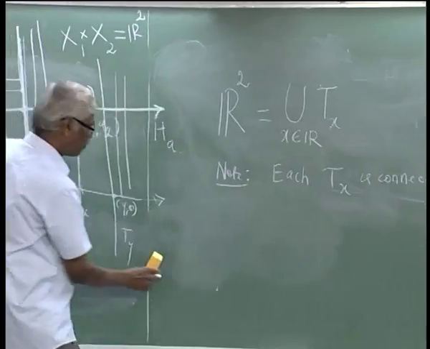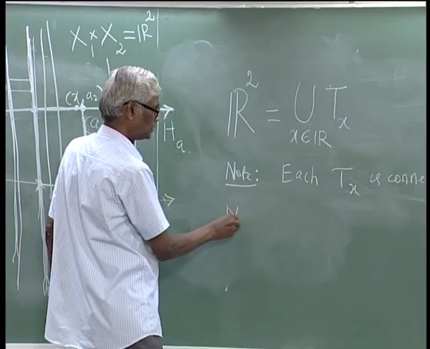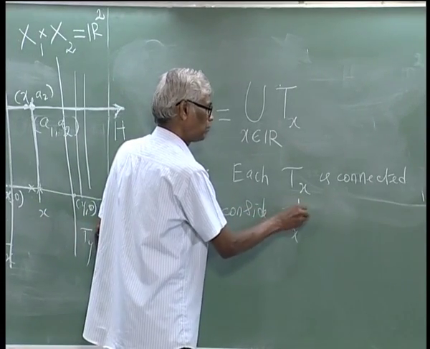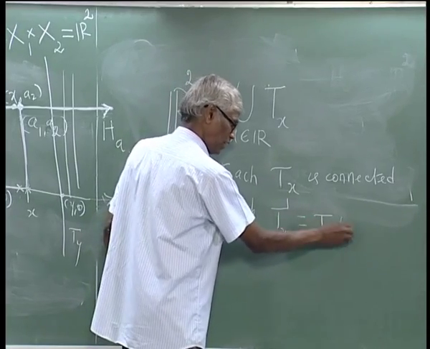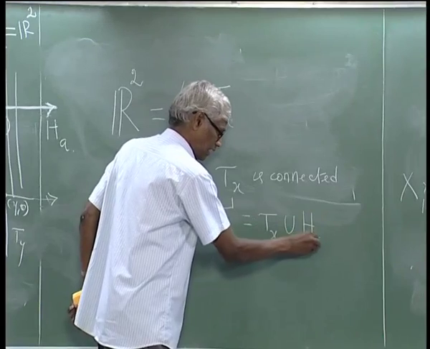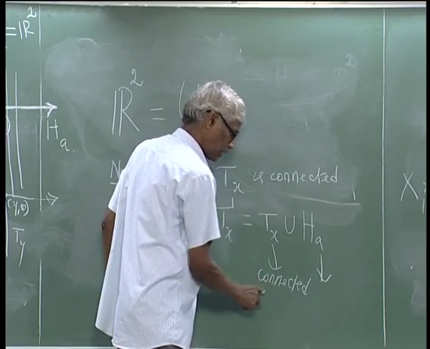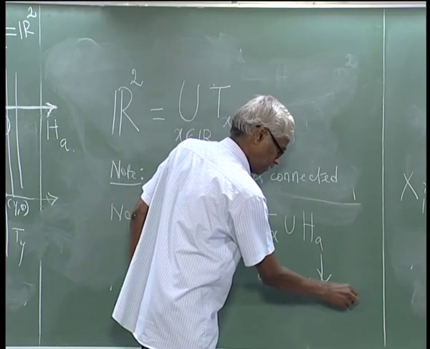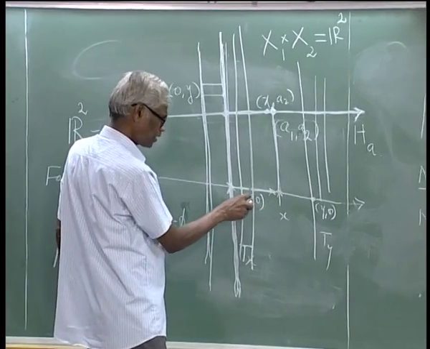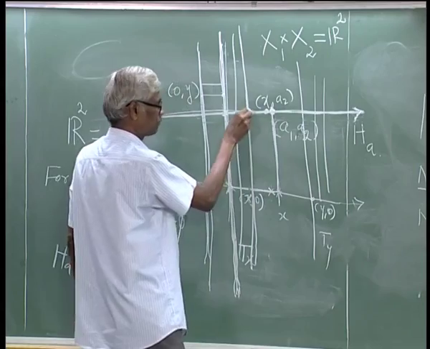So now, instead of T_x, consider a new set, say T_x prime, equal to T_x union this particular H_a. Now T_x is a connected subset of R2, H_a is connected, and their intersection: if x is this point, this is our T_x, this is H_a, they intersect at a point.